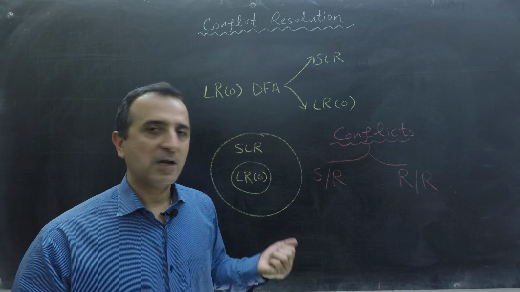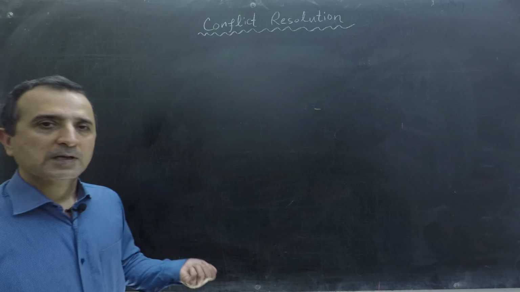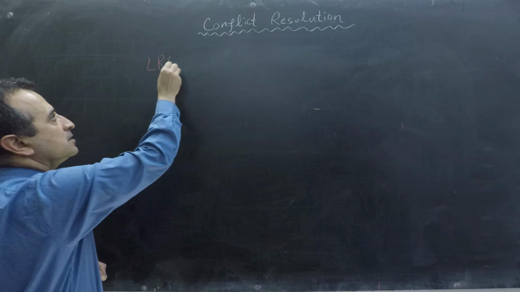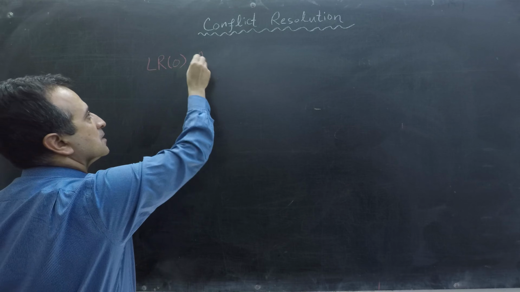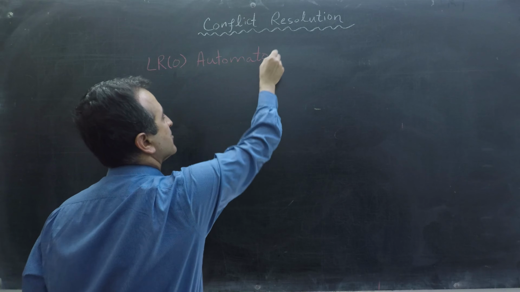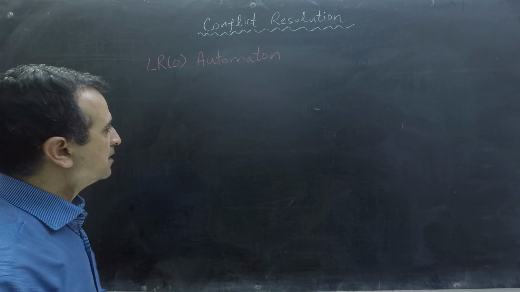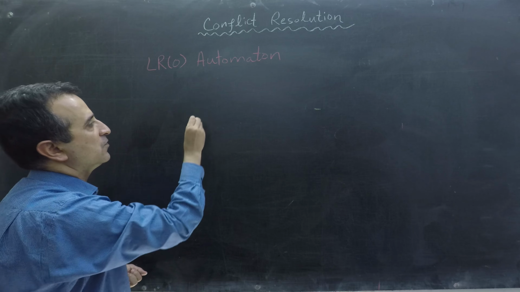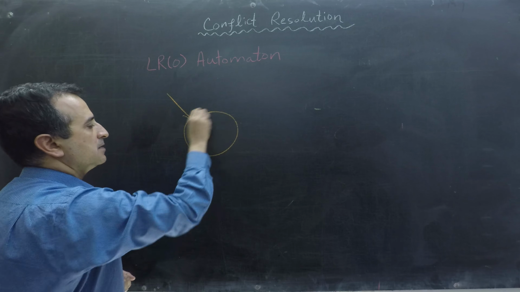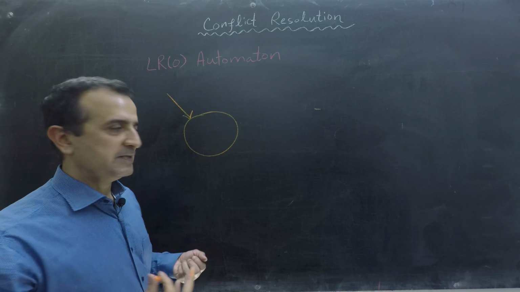Let's make it more clear with a high-level sketch. Let's say we have created the LR0 automaton, or in our case the LR0 DFA, and a state of the DFA is such that it has two different reduce statements.